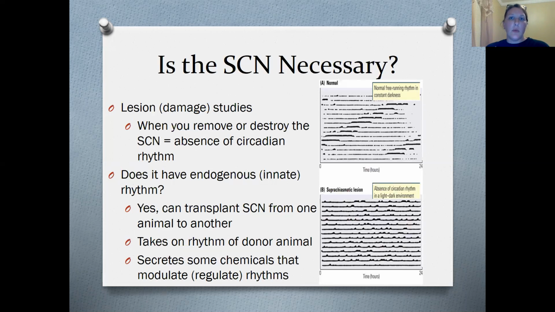When we take animals who have a normal suprachiasmatic nucleus and then we lesion it, meaning that we damage it or we take it out, we actually see the complete absence of a circadian rhythm. If you look at the top graph here, graph A, this is very similar to what I showed you with a human rhythm that's been in the bunker.